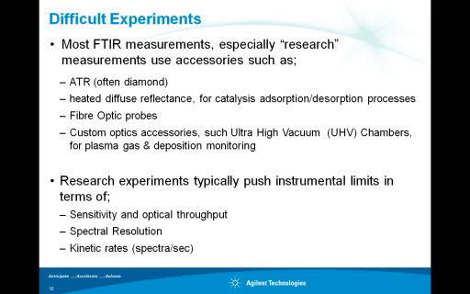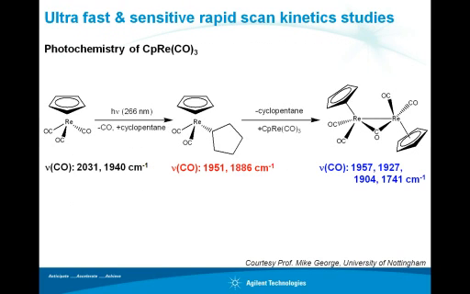With research experiments, typically instrument limits are pushed as well in terms of your sensitivity, your throughput, spectral resolution, and kinetics rate, so that's spectra per second. And I'll show you a couple of examples of where sensitivity and kinetics rates have really made a difficult experiment relatively easy.